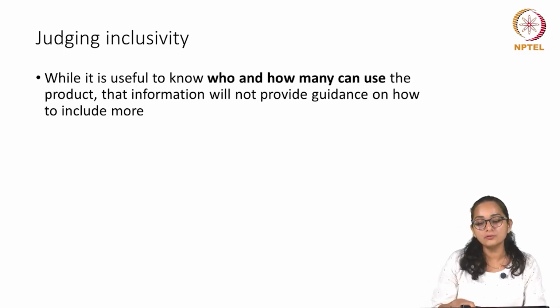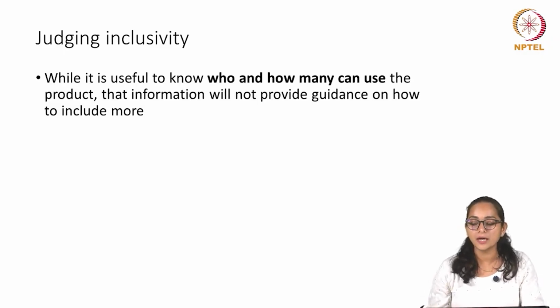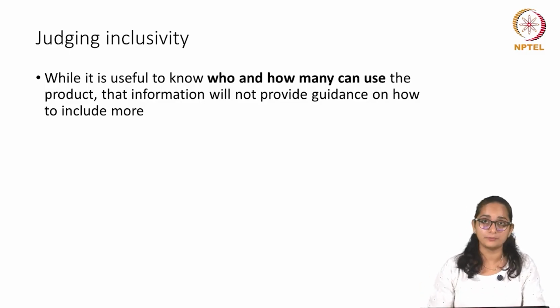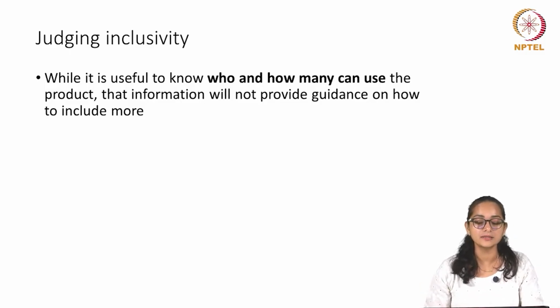So, while it is useful to know who and how many people can use the product, that information does not provide you with enough guidance on how to include more people, right. It is like, okay, I know my system can be accessed by persons who are blind, for example, but possibly you don't know how you can actually include people with further barriers or further disabilities, right?